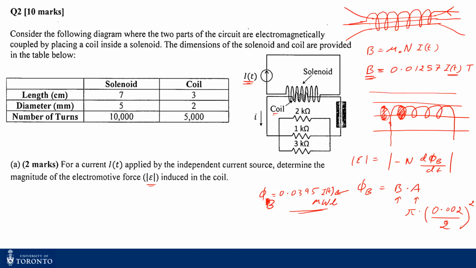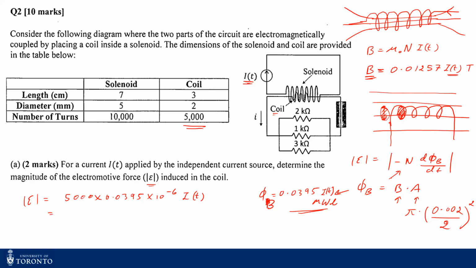Now, once you plug this phi B into Faraday's equation, the N in this case will be 5,000, because we are looking for the induced EMF in the smaller coil. So once you plug the values in, you'll get 5,000 times 0.0395, 10 power minus 6 I(t), right?